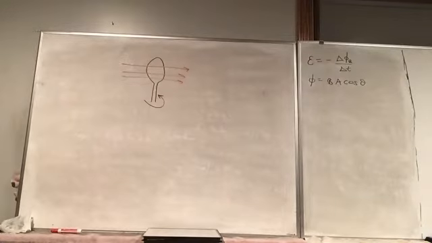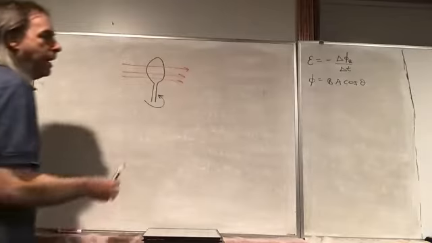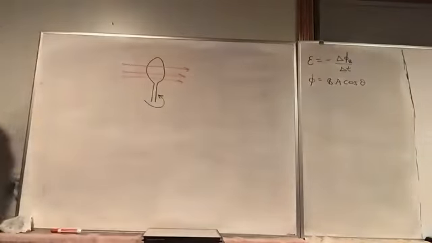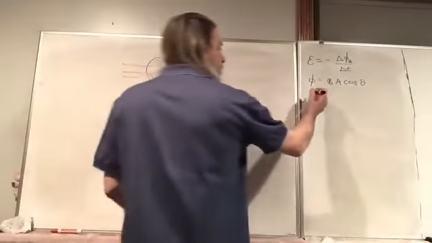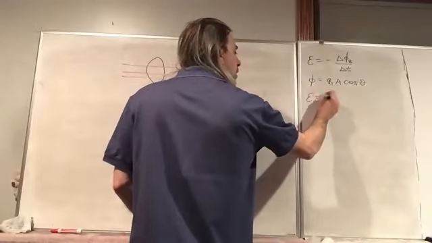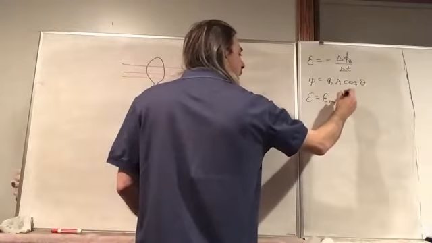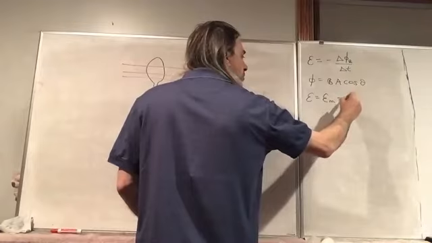However, it's both increasing and decreasing. So the change in flux can be positive or negative. So the EMF is going to be positive or negative as well. And the EMF that we would get out of this can be described by a sine or cosine function.